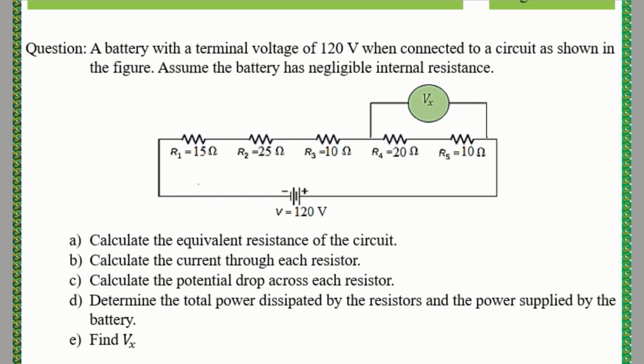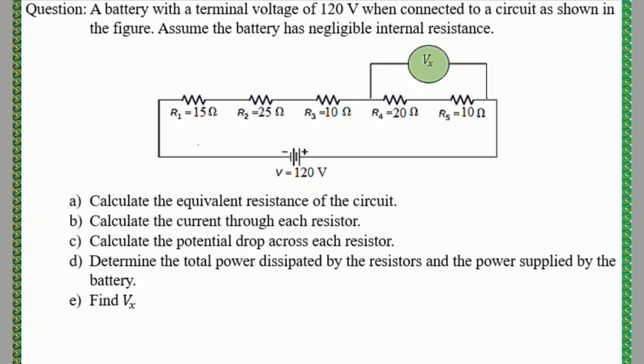Assume the battery has negligible internal resistance. We need to find the equivalent resistance of the circuit and the current through each resistor. Calculate the potential drop across each resistor. Determine the total power dissipated by the resistors and the power supplied by the battery. Find Vx.